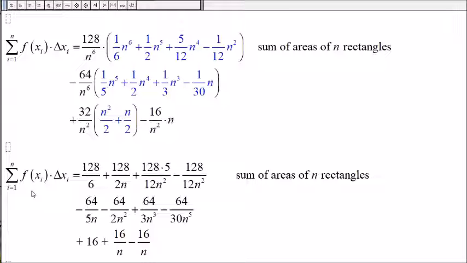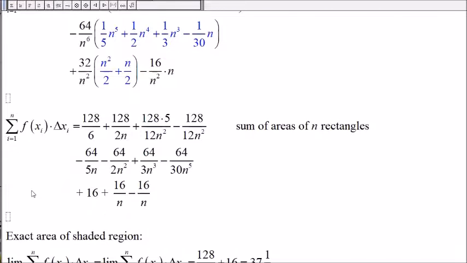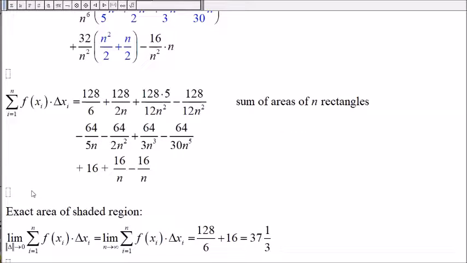But we want the exact area, and so we need to allow n to run to infinity, or allow the norm, the largest width, to approach 0. Allowing the norm to run to 0 will allow n, the number of subintervals or rectangles, to run to infinity.